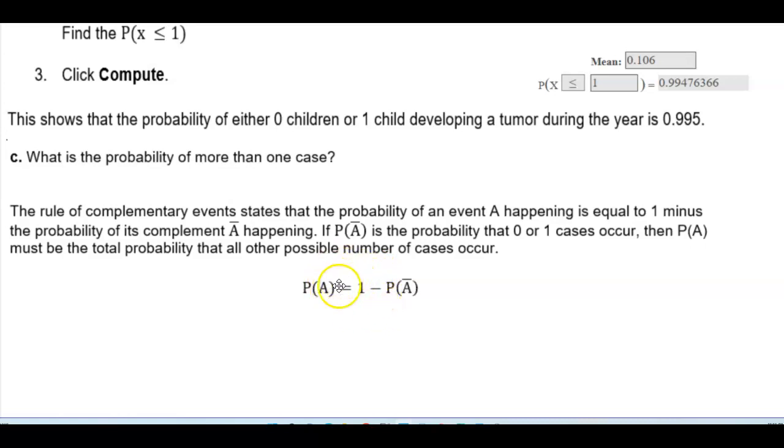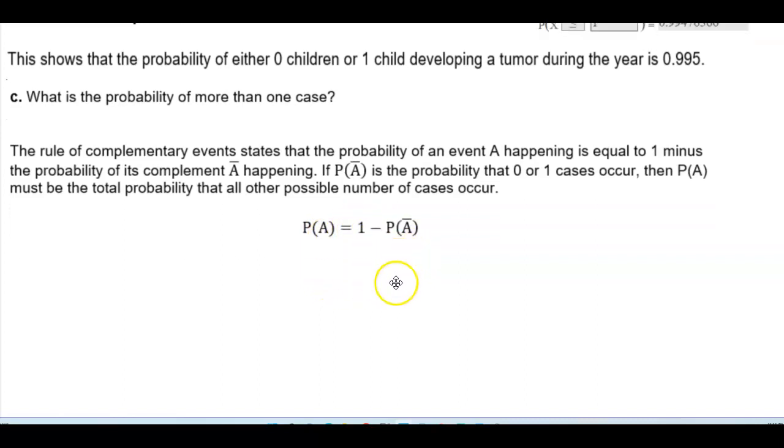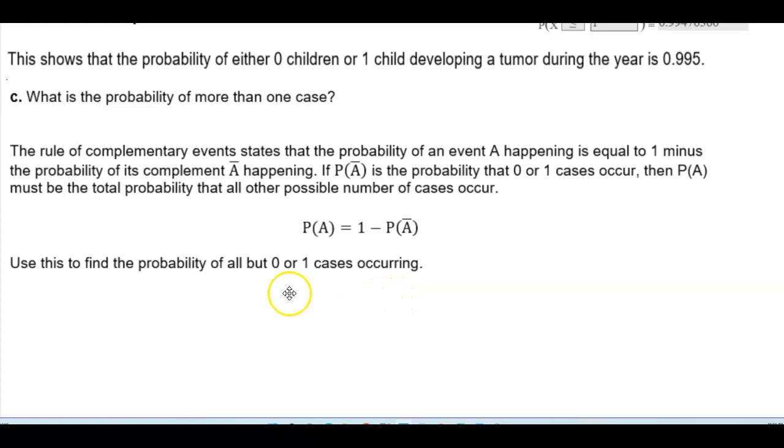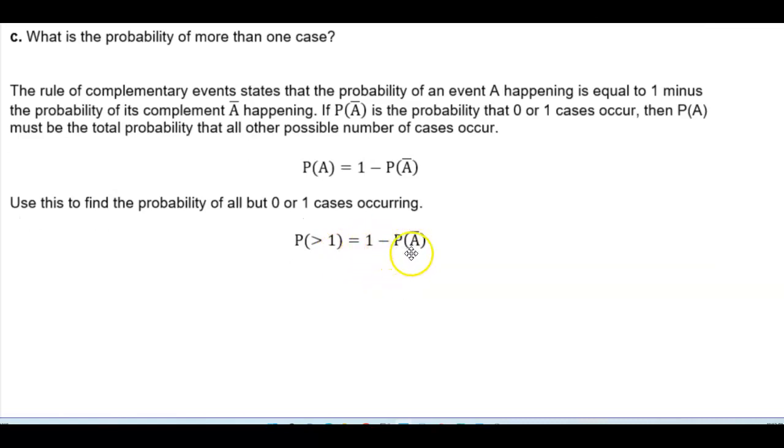So we're going to use the following formula. The probability of event A is equal to 1 minus the probability of the complement of A. We're going to use this to find the probability of all but 0 or 1 cases occurring. So the probability of greater than 1 is equal to 1 minus the probability of less than or equal to 1.